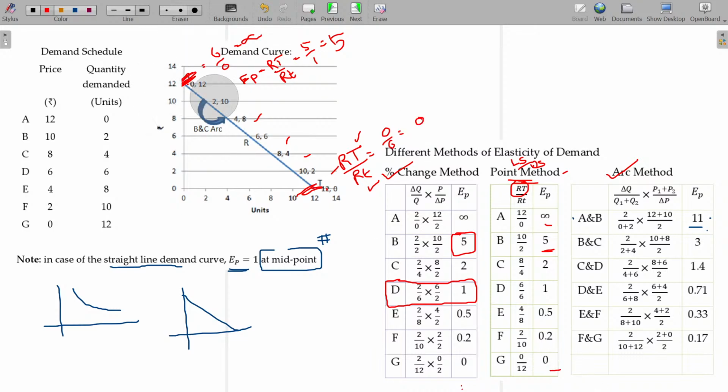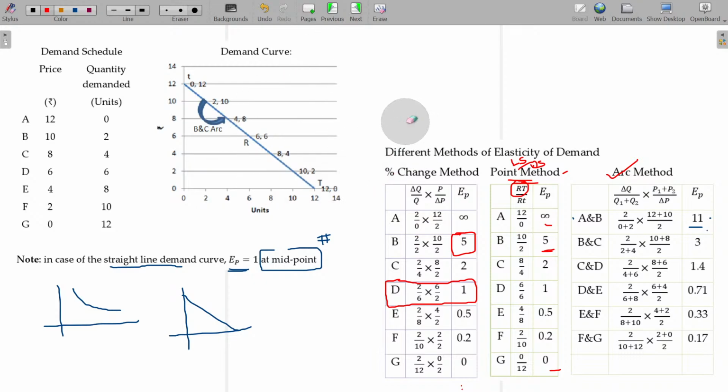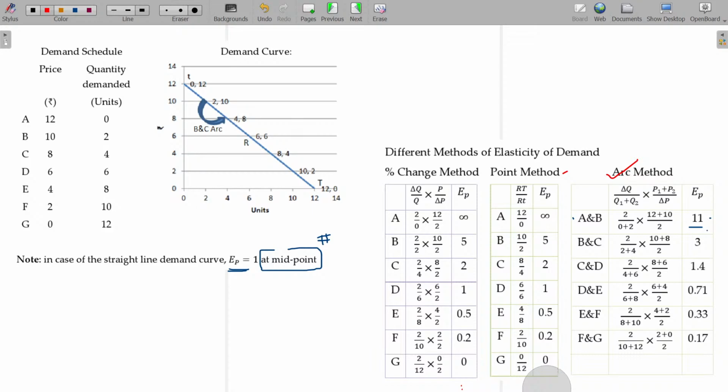So we can very easily get the elasticity of demand with respect to the price under the point elasticity method. The formula for the point elasticity method is RT divided by R small t, otherwise lower segment on top and upper segment on the bottom. And from the demand curve, it's very easy to understand the elasticity of price in a much better way.